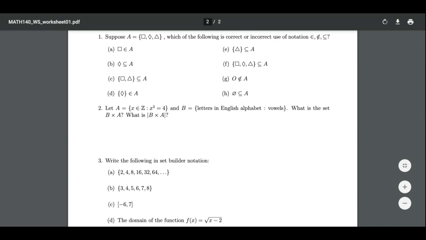If I have A equals 3 and the set of 3. So when I put a bracket around 3, I make a set. This set only contains one element, and the element is 3.